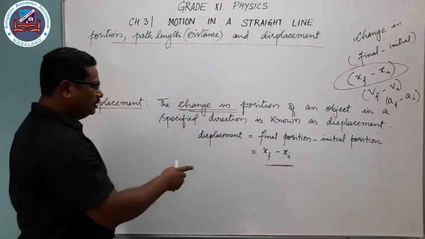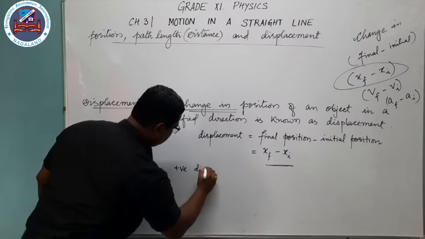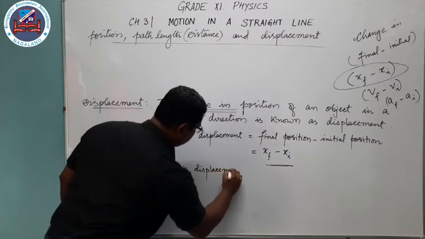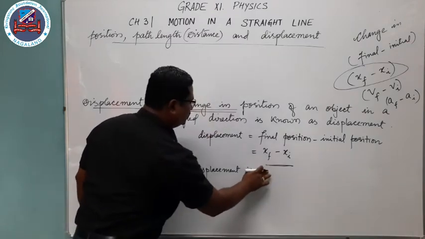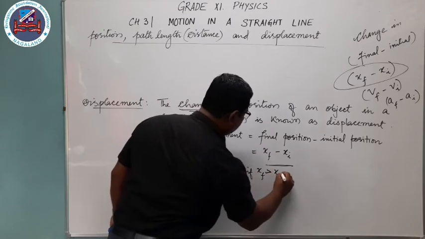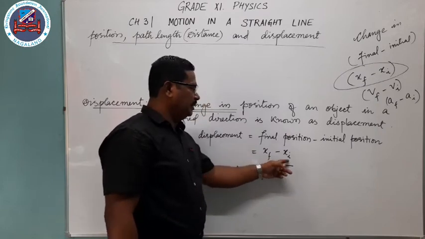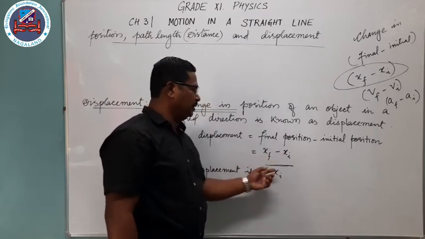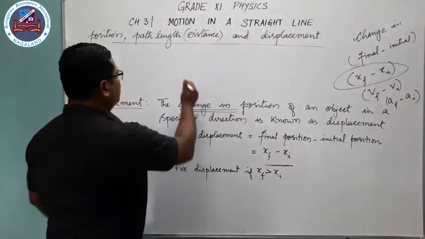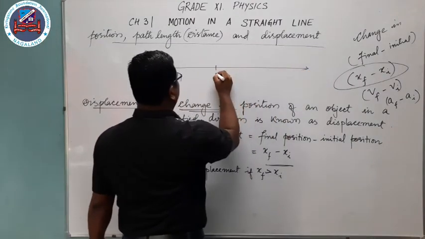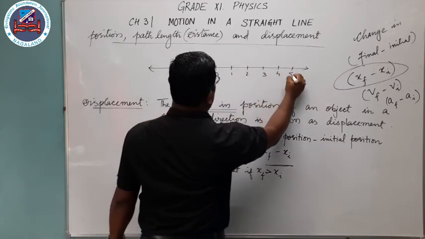Displacement can be positive if final position is bigger than initial position, we will get positive displacement. Suppose say 5 km minus initial position of 2 km. 5 minus 2 will give you 3. So that will be your positive displacement. Let us see here with a diagram. This is the origin. 1 km, 2 km, 3 km, 4 km, 5 km.